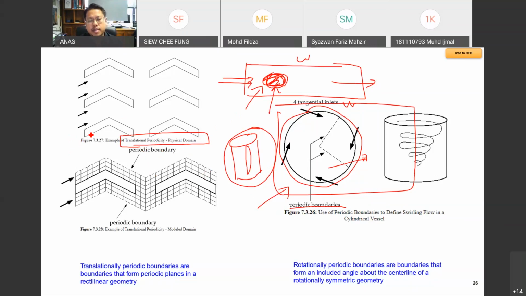So you can use what is called a translatic periodic boundary. All these functions are available in Ansys, and for those who are doing FYP, hopefully you know you have options available to you.